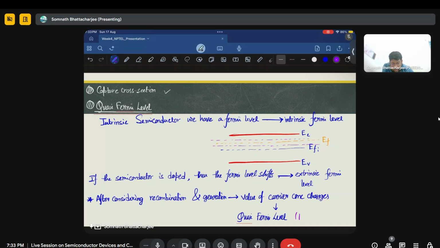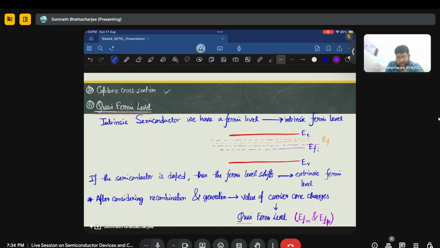These are EFN and EFH, or EFP, you can say. So there are two different Fermi levels when we are considering that there is recombination and generation going on. So it's stated as the quasi Fermi level.